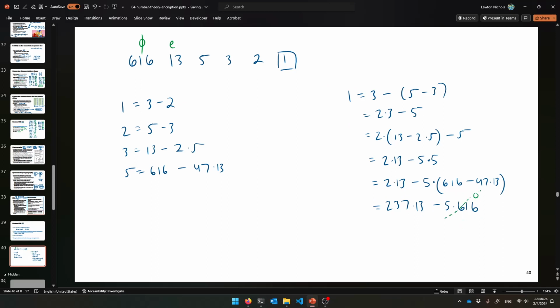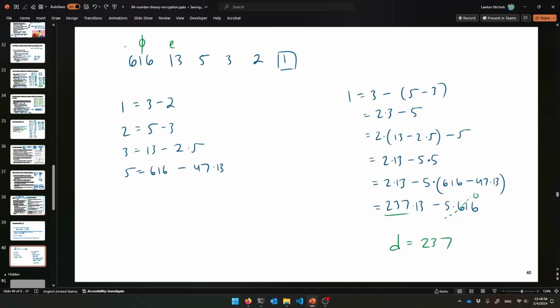And so we get the equation under mod 616 land: the inverse of E, of 13, is 237. And that'll be our answer. So D, our number D, is equal to 237. That's the multiplicative inverse of E, 13, mod phi, or 616.